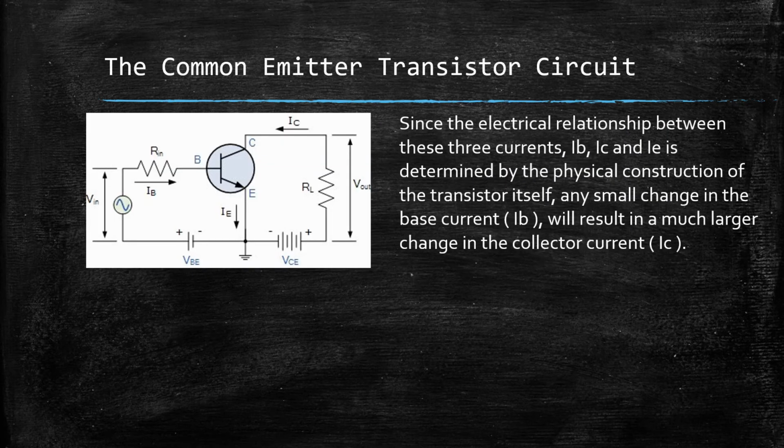Since the electrical relationship between these three currents, IB, IC, and IE, is determined by the physical construction of the transistor itself, any small change in the base current, IB, will result in a much larger change in the collector current, IC.